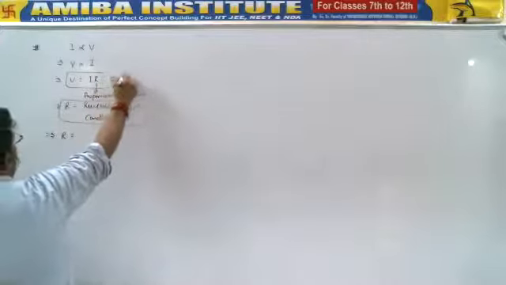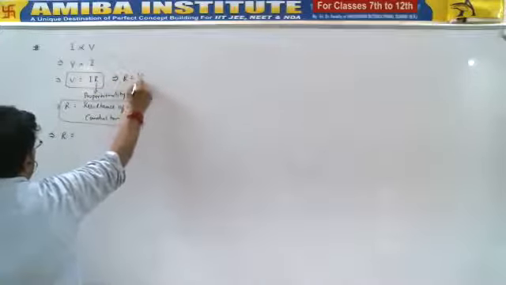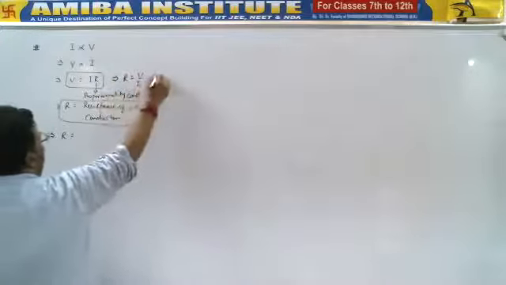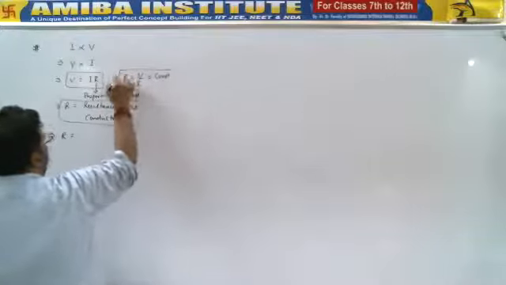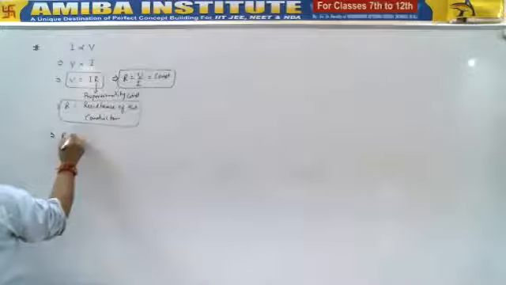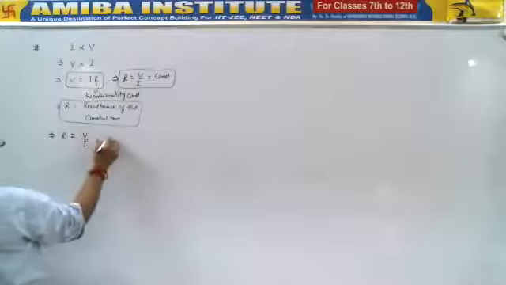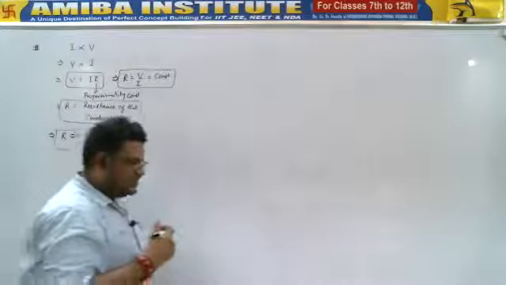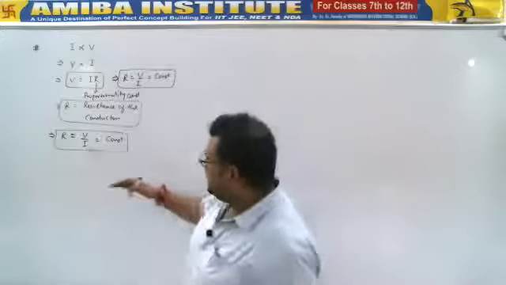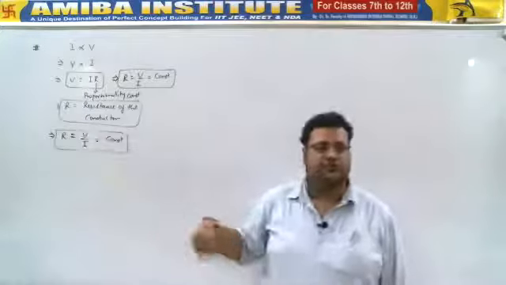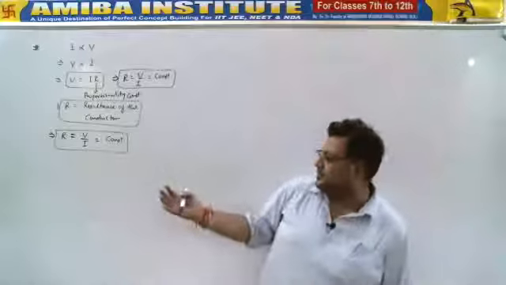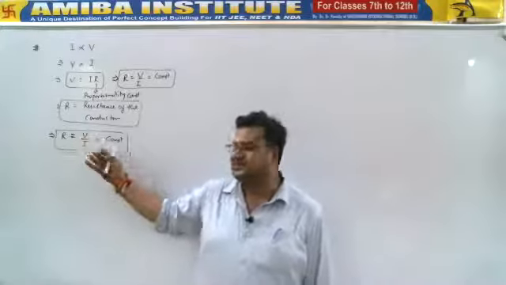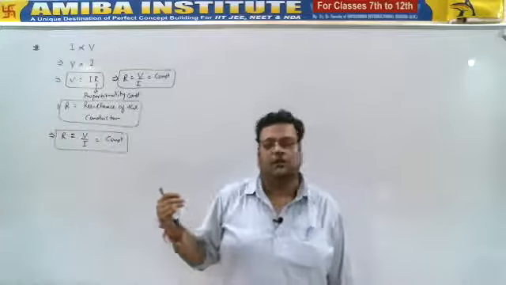the value of R, by this formula we can achieve, R is equal to V upon I, and since it is constant, the value of V upon I, that means the ratio of electric potential to electric current, always remains constant. Whatever changes there are in electric potential, in the same manner electric current will also change.